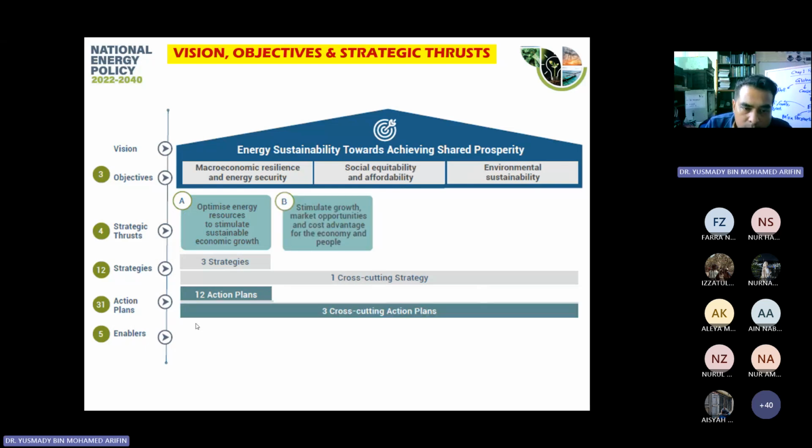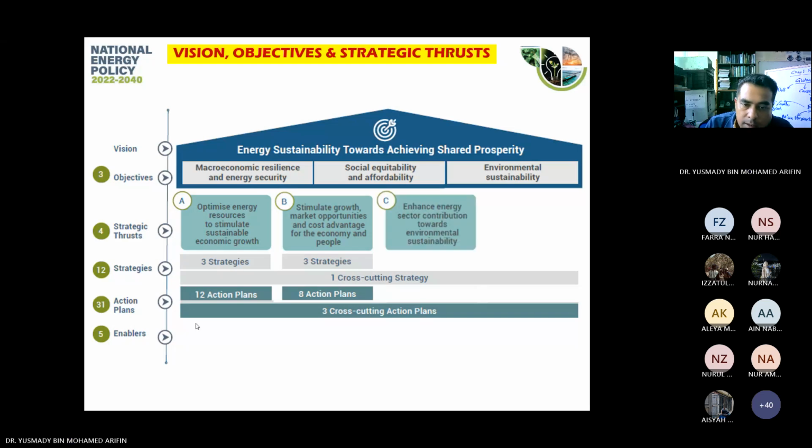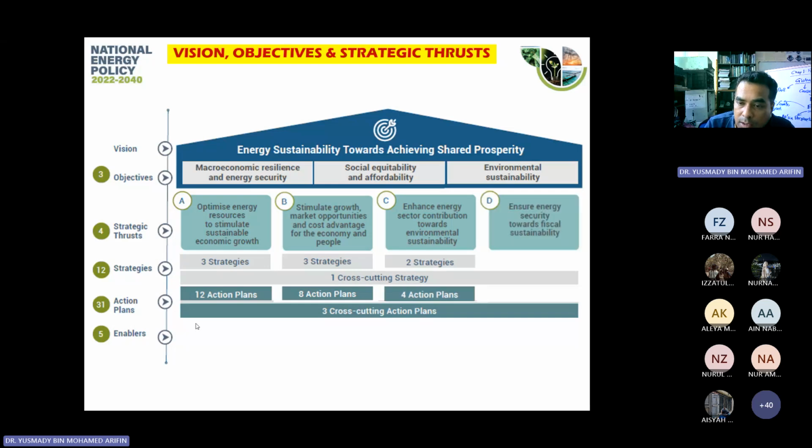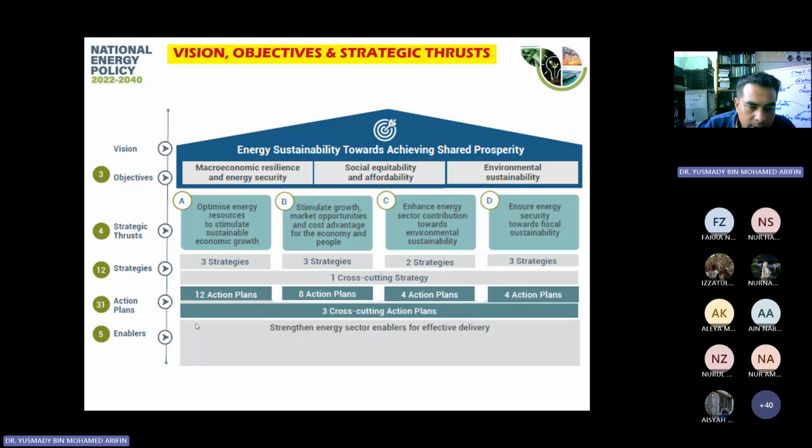Number 2, stimulate growth, market opportunities and cost advantages for the economy and so for the people. 3 strategies, 8 action plans. Number 3, enhance energy sector contribution towards environmental sustainability. 2 strategies and also 4 action plan. And the last one, ensure energy security towards fiscal sustainability. 3 strategies and also 4 action plan.